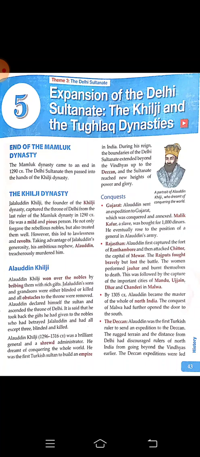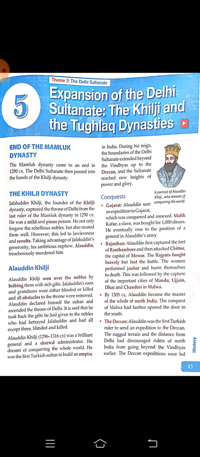Alauddin declared himself the Sultan and ascended the throne of Delhi. Alauddin Khilji was a brilliant administrator. He dreamt of conquering the whole world. He was the first Turkish Sultan to build an empire in India.